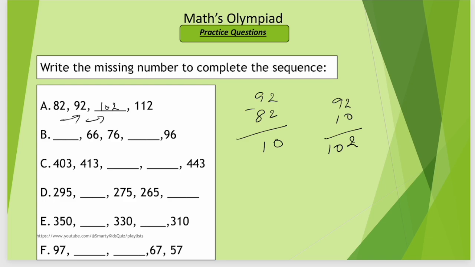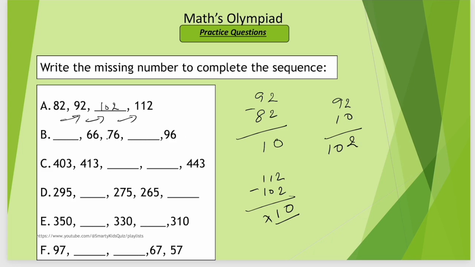Let's test 102, 112, right? Just do 112 minus 102: 2 minus 2 is 0, 1 minus 0 is 1, 1 minus 1 cancels. So 10. It is increased by 10. So here it is going to be 102. Now starting we don't have a number, then we have 66, 76, 96.